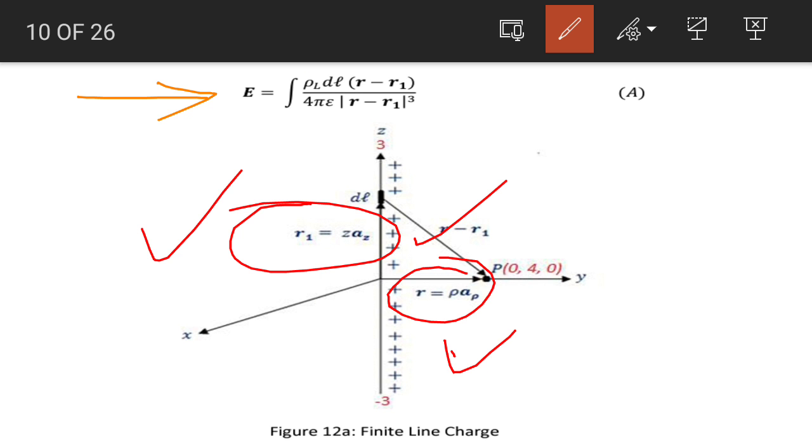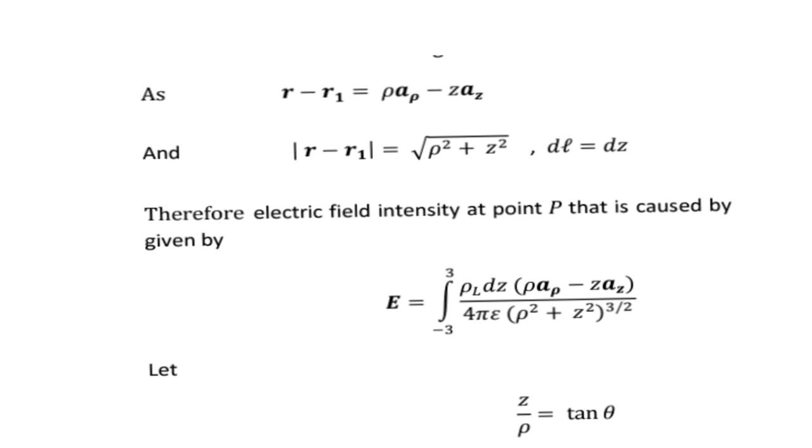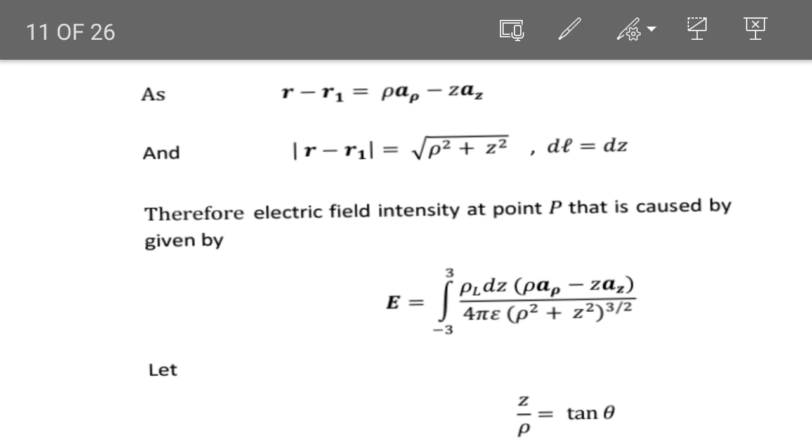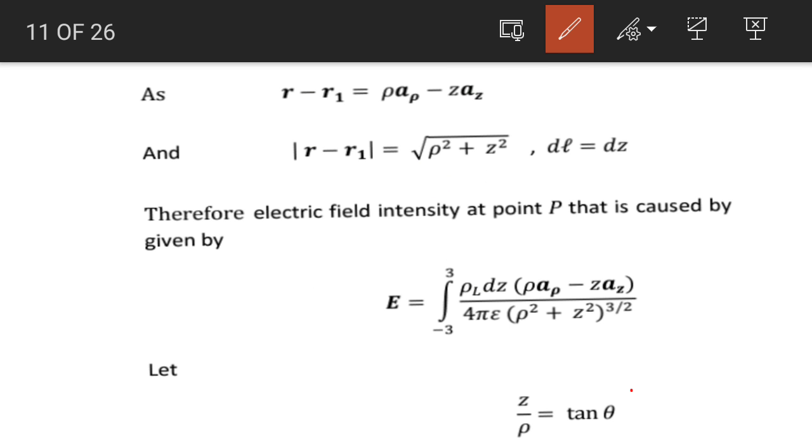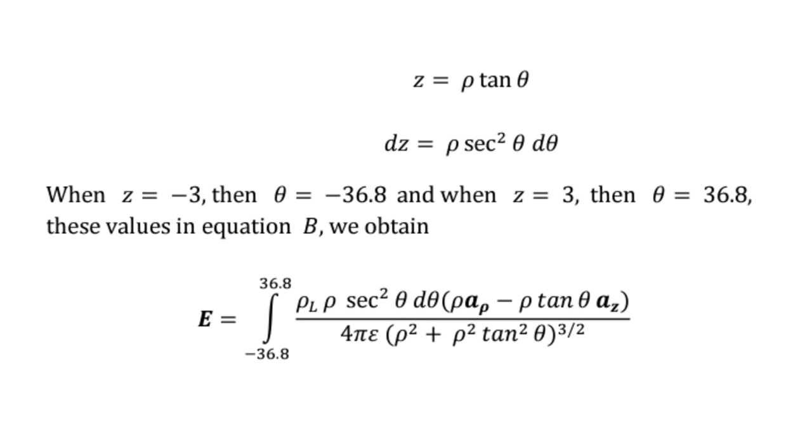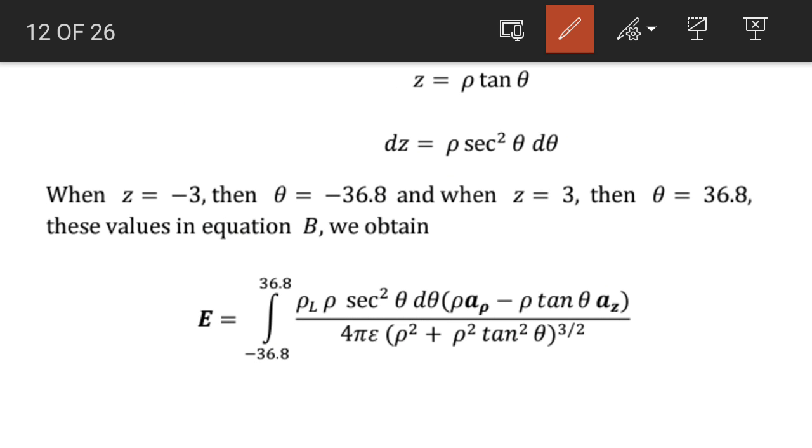Then definitely z by rho will be equal to tangent theta. So we assume that z by rho is equal to tangent theta. So z will be equal to rho tangent theta, and dz will be equal to rho secant square theta d theta.